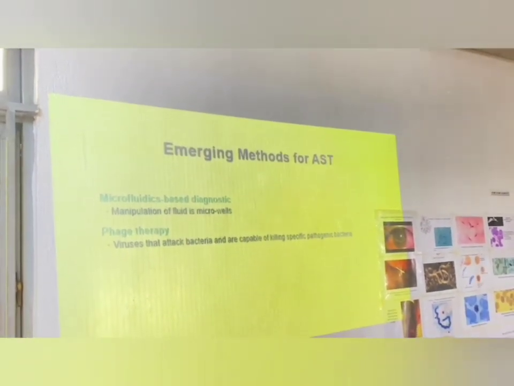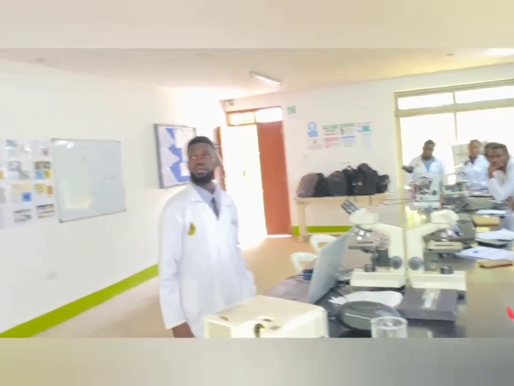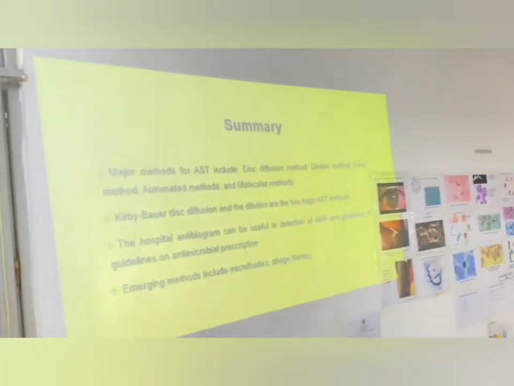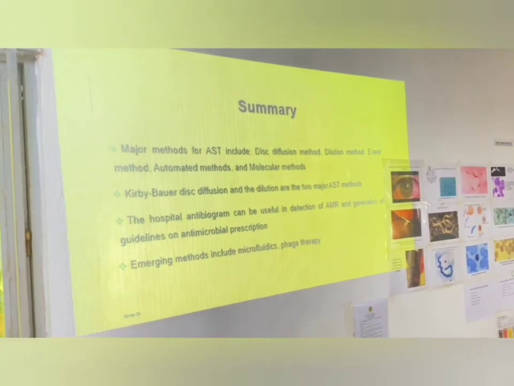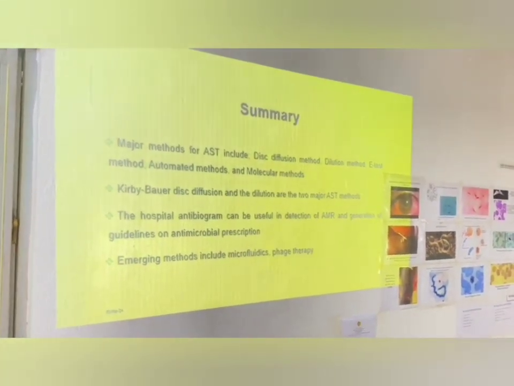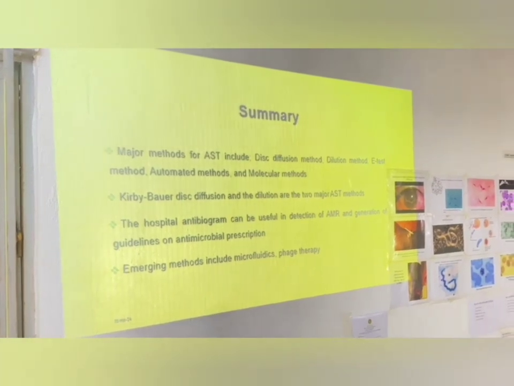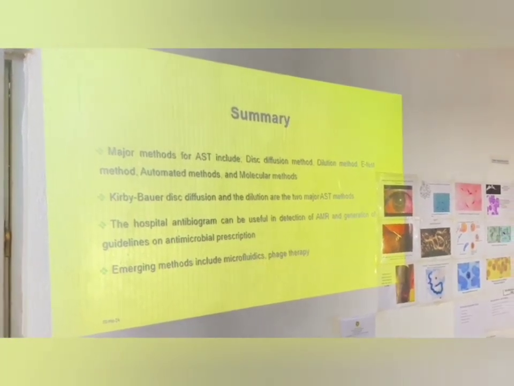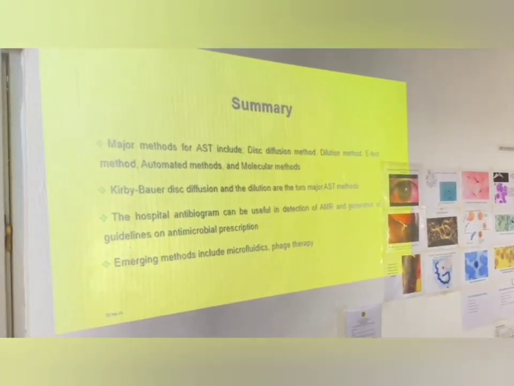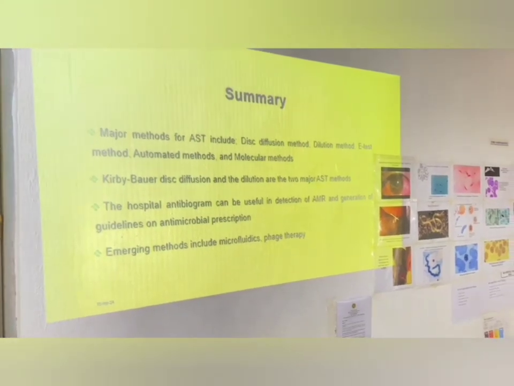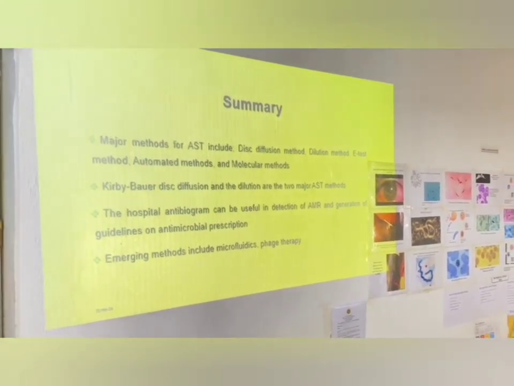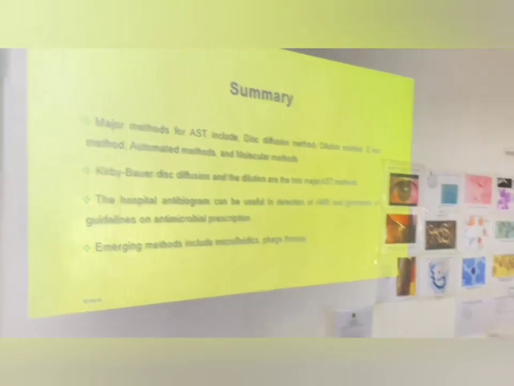In summary, the major methods for AST are the disc diffusion method, the dilution method, and the E-test, which we can also employ in our country. It's not very expensive. You are the people who are supposed to convince the government so that we can use the E-test in our country as well. And then we have the automated methods, which we've looked at, and molecular methods.